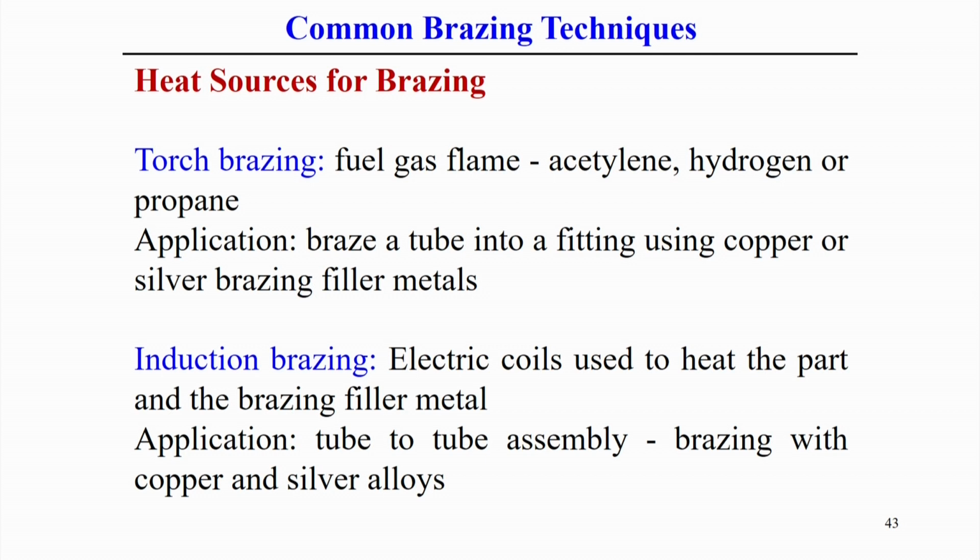Here the electric coils are used for induction heating. It is a more controlled way of producing heat, and we can control the temperature of the filler metal compared to the simple torch brazing process.